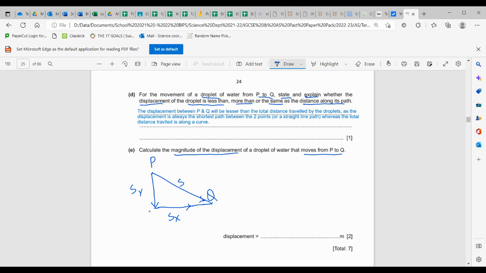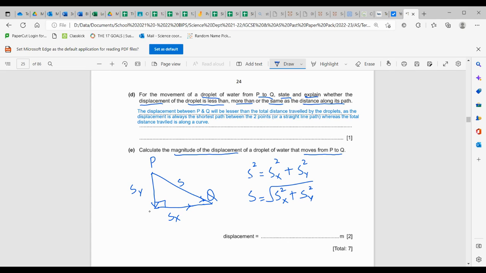So the total displacement is actually the resultant displacement, and since this becomes a right angle triangle, we can easily use Pythagoras theorem and write down an equation for the total displacement in this situation, which will be equal to the sum of the squares of the horizontal and the vertical displacements, or I will just root both sides.